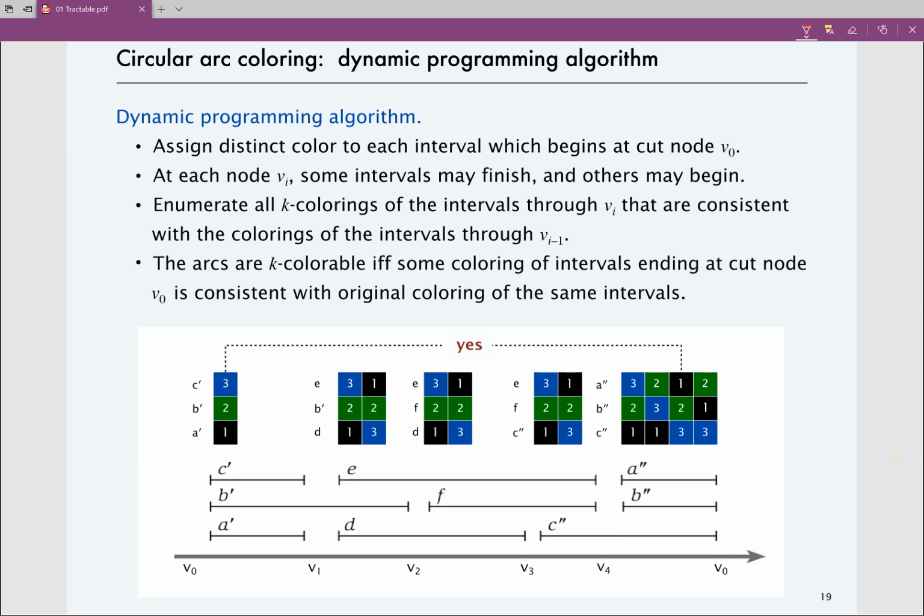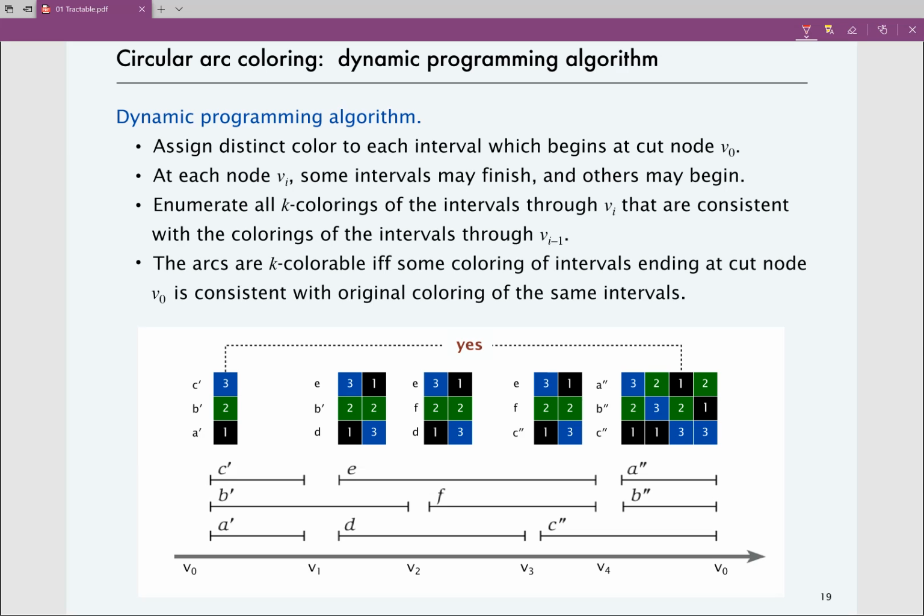First of all, at V2 we have this interval E, and E started at V1 and continues through V2. The same thing for D. Both E and D start at V1 and continue through V2, and therefore both have to keep the same color at V2 as they had in V1.